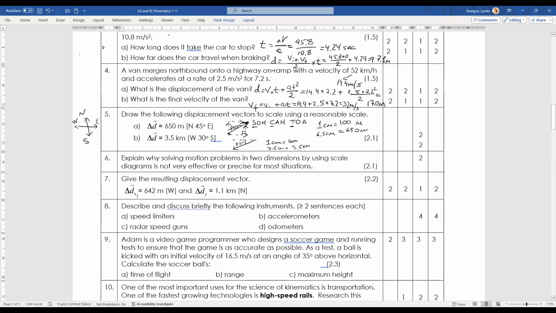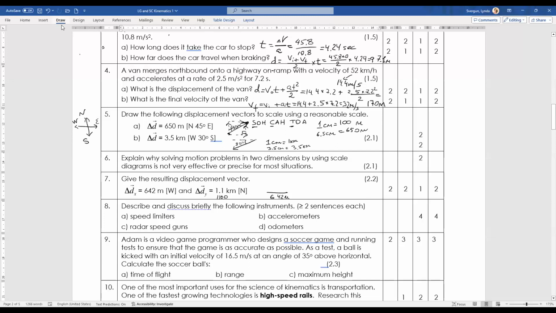Okay, how to get the displacement vector. So here they have horizontal and vertical components, and you need to get the resultant. Horizontal is dx. It's like 642. Vertical 1.1 kilometer. Okay, so it's 1100, so it's longer.